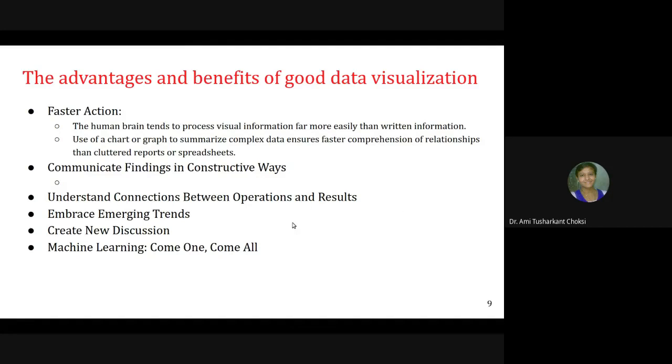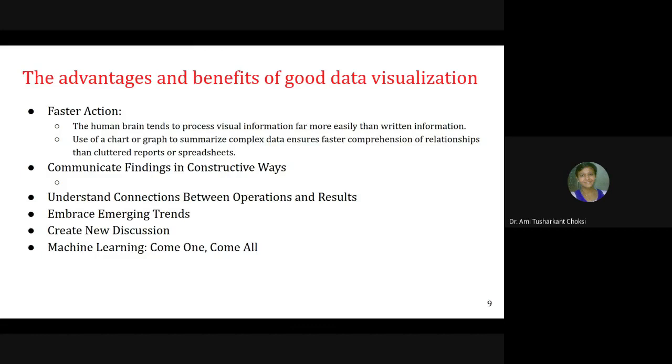Embrace emerging trends. Create new discussion. Why create new discussion? Why have the emerging trends? See, emerging trends will convince people that this is something new. This is the current, latest trend, and that is the way people are using it now.